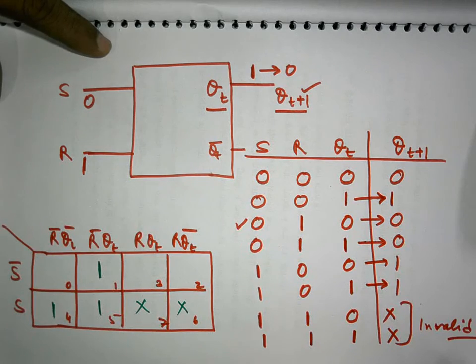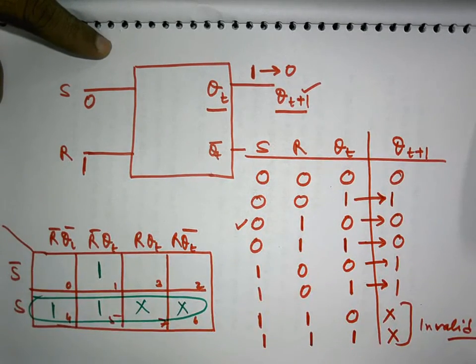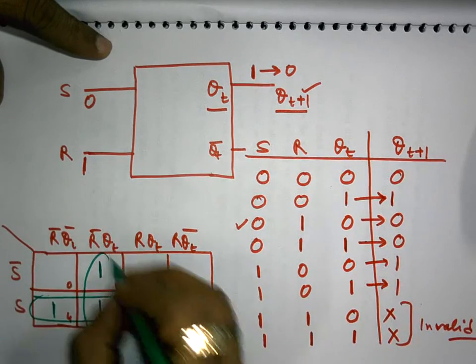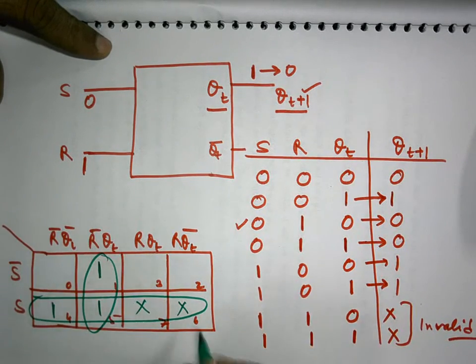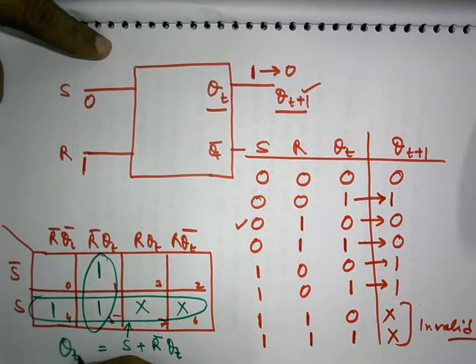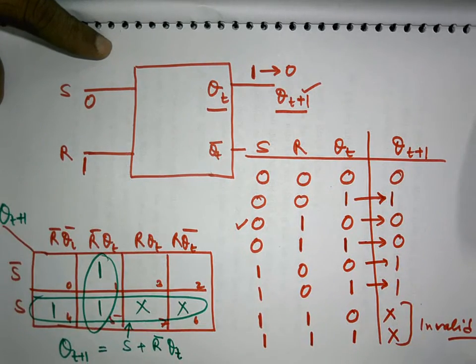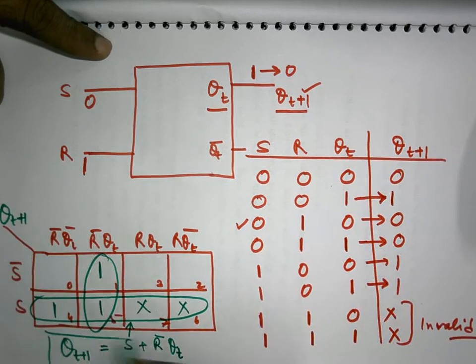Now we can apply the K-map minimization technique. So what results from this? S is coming out of this grouping, and R bar Qt is coming out of this grouping. So we get the design for Qt plus 1.